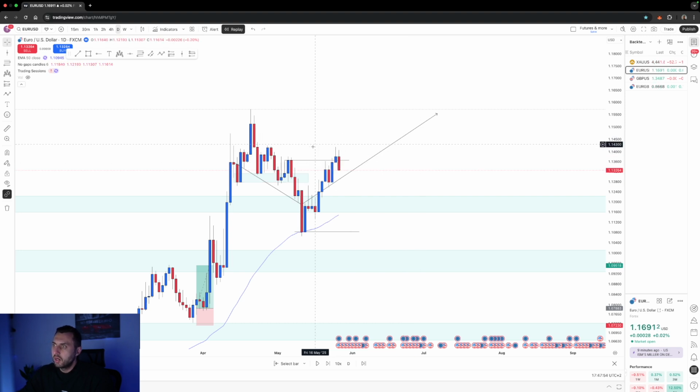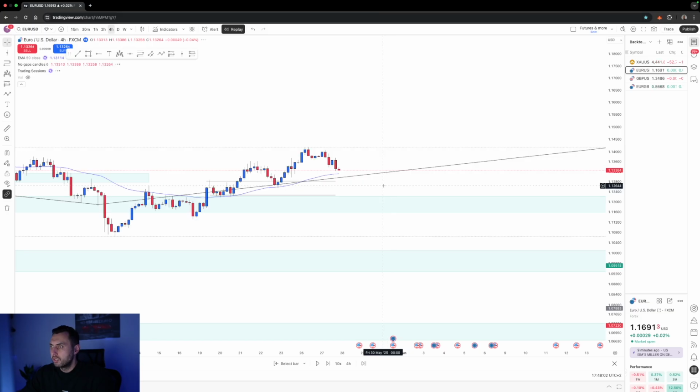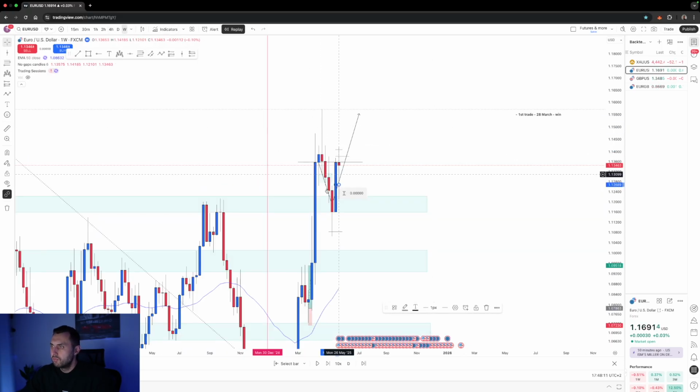Okay, right now the price on daily is bullish. You can see this push. The 4-hour is bullish, of course. And on weekly, we see a push here.